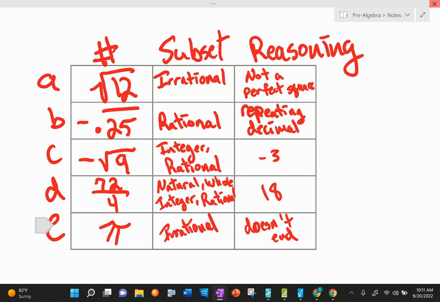Okay, there's the table. Once you get it filled out, you can check yourself. Oh, I know. That's great. I got some of them right.